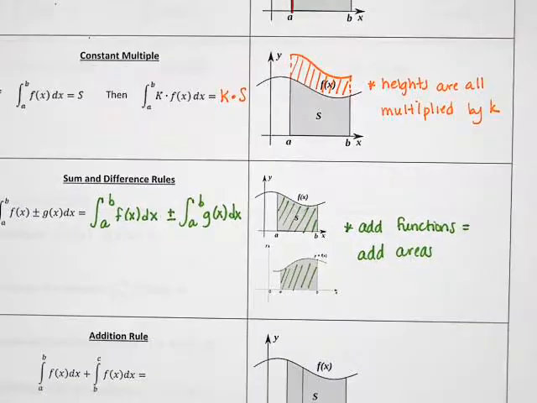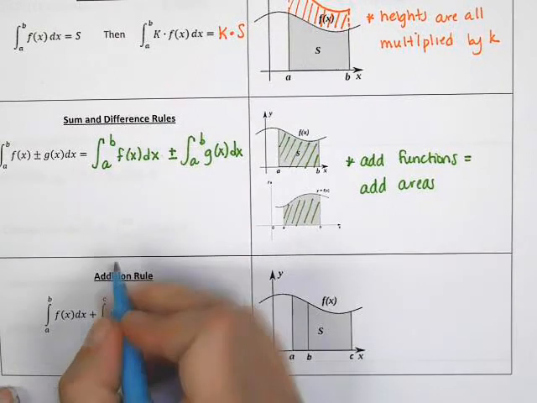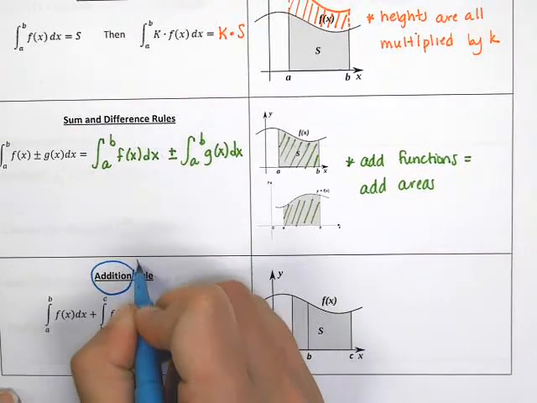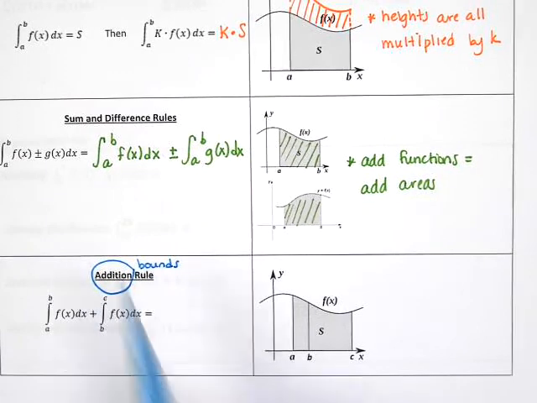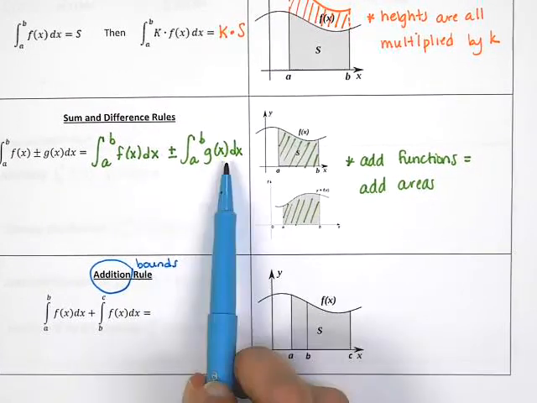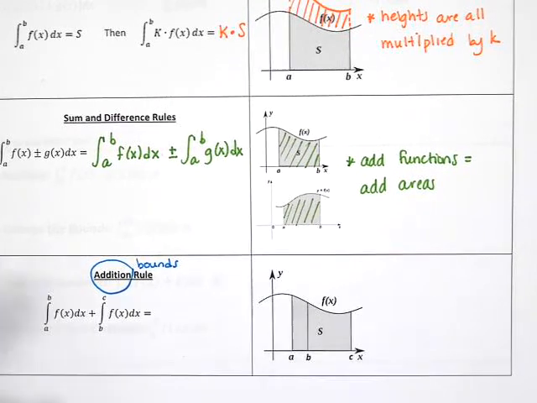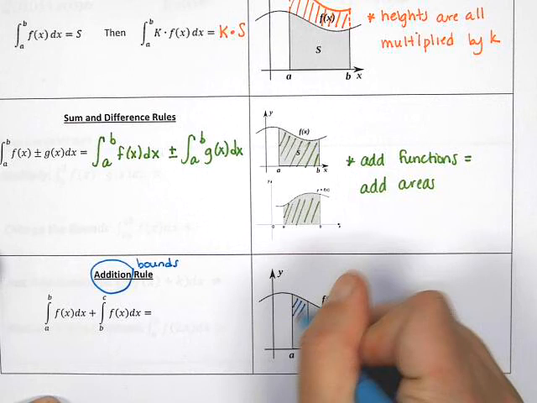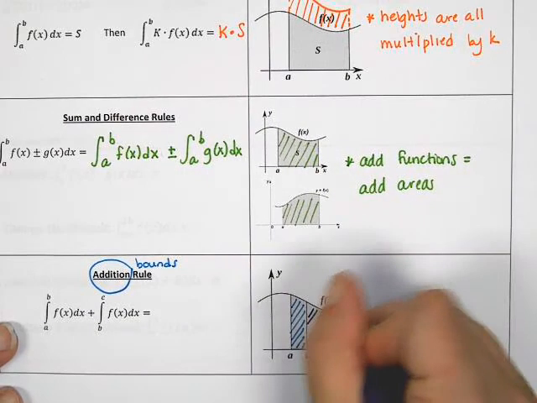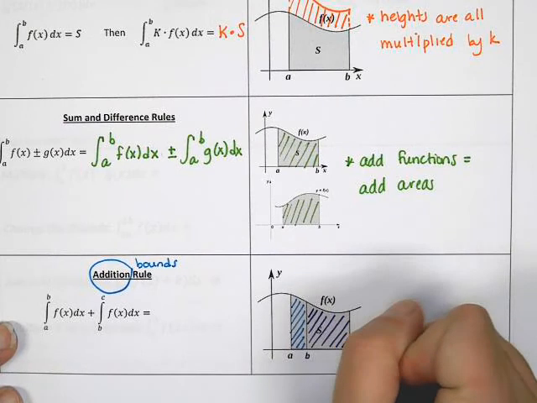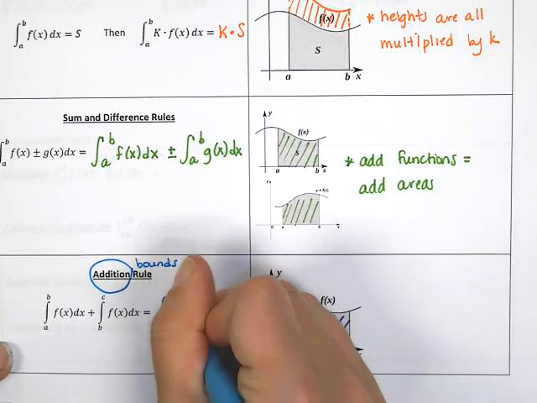Finally, we have the addition rule. So this had to do with adding the bounds. Instead of adding functions like we did in the sum and difference rules where we have f of x and g of x, here we have the same function but we're adding the bounds. And what this says is if you take the area from a to b plus the area from b to c, what you're really getting is the area from a to c.